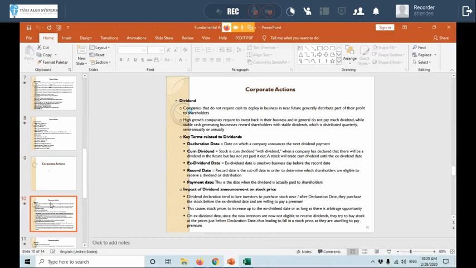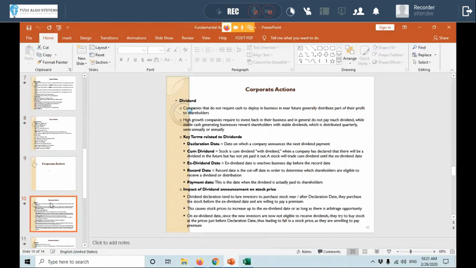Normally these companies reward their shareholders by paying dividend. There are some companies which will pay you good dividend so that the public is interested in investing in those companies, right? And why do companies pay dividend? To reward their shareholders. Exactly.